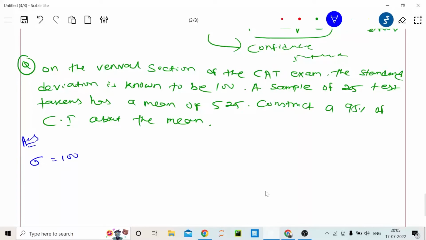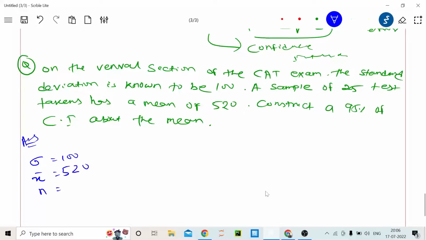You collect the data from 25 students and find the mean of those 25 students. Let's say it is 525, sorry, this is not 525, this is 520. Your mean is nothing but 520.